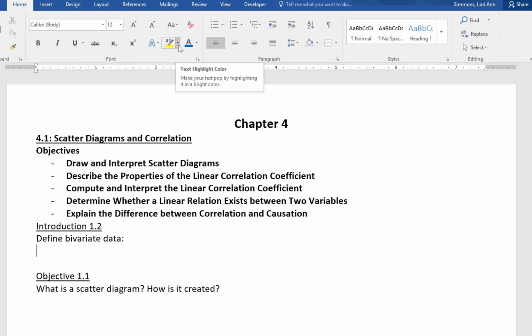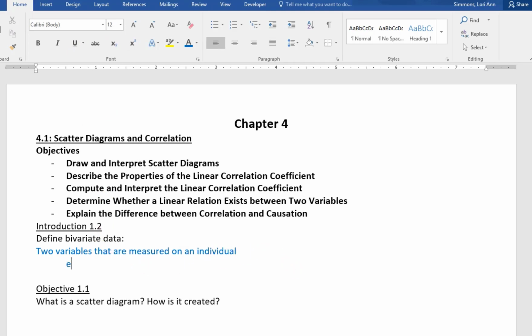So let's start with defining bivariate data. It is two variables measured on an individual. So an example would be the cola consumed and bone density.